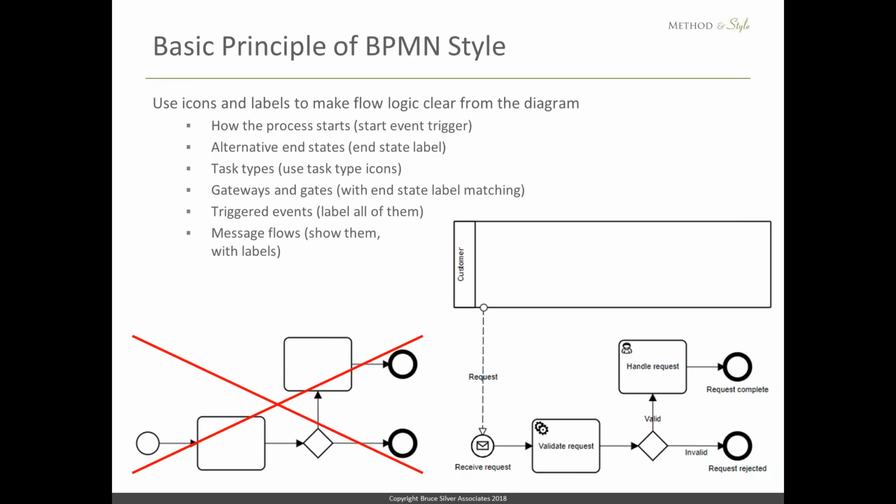The basic principle of BPMN style is to use the available icons, labels, and border styles to add meaning to your diagram. So here we have this exact same model on the left, which is valid according to the spec but has no meaning, and the exact same model on the right that has labels, the type of activity it is, the message flows, the type of start event it is, labels on the gateways, labels on the end events, and who we're interacting with, the customer in this case, all of that stuff.